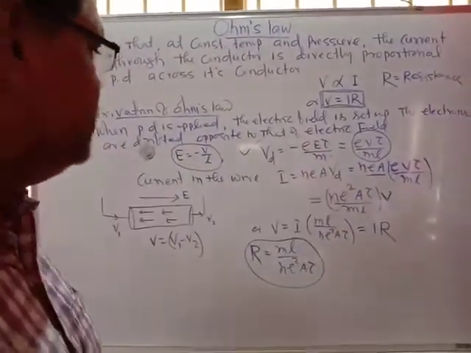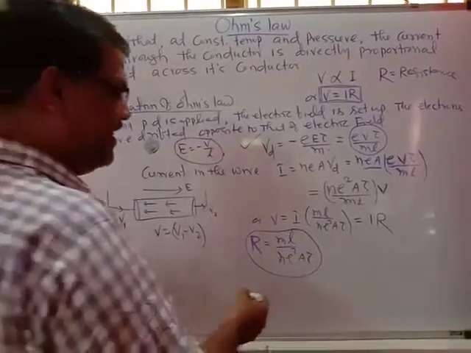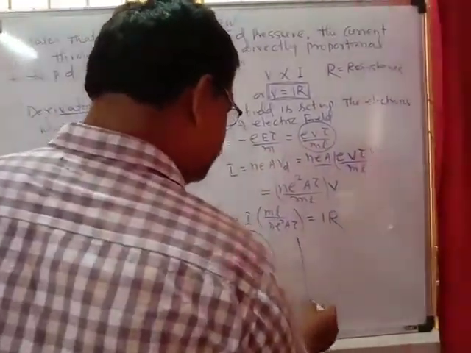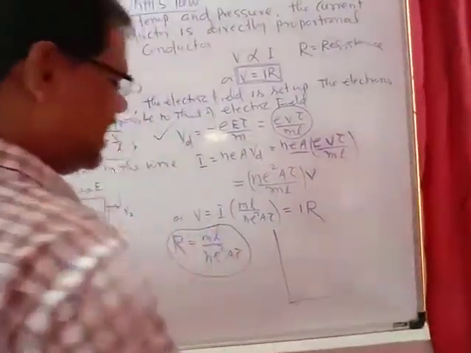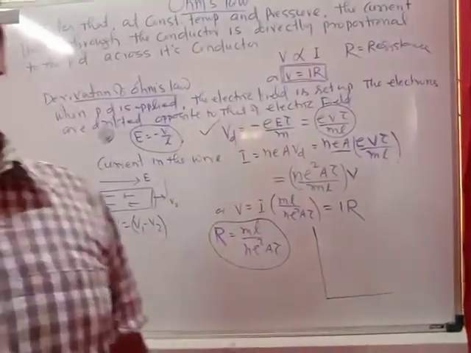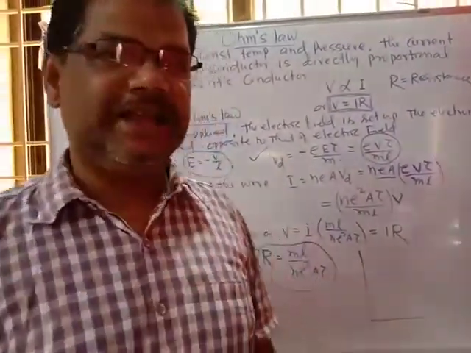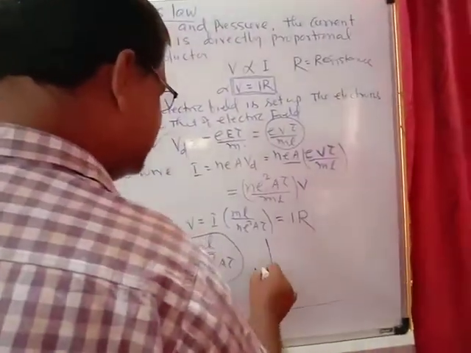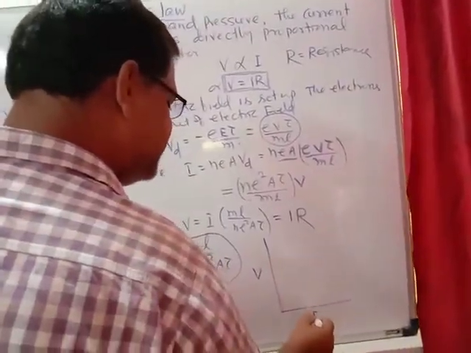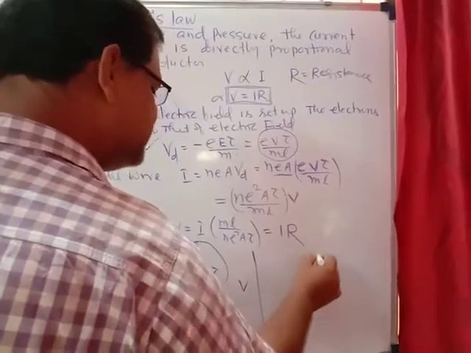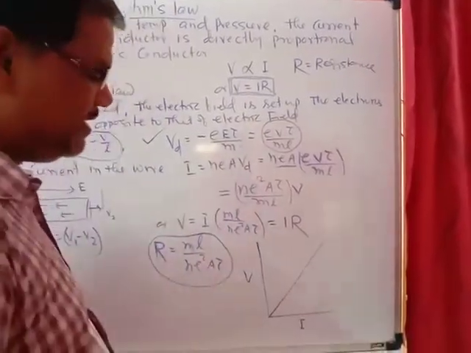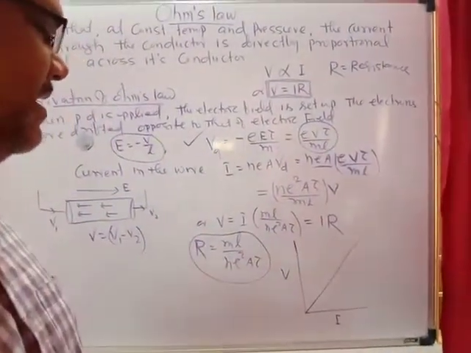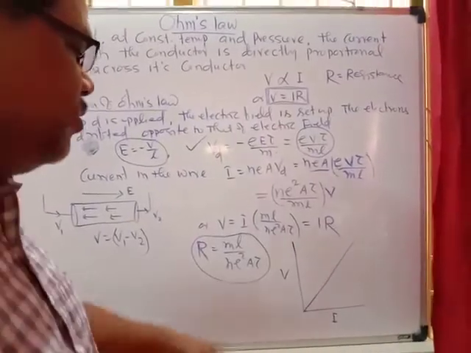From Ohm's law, if you plot the graph between V and I, it becomes a straight line. Suppose you take V on one axis and I on the other, wherever you take it, the graph becomes a straight line. That is for the ohmic conductor.